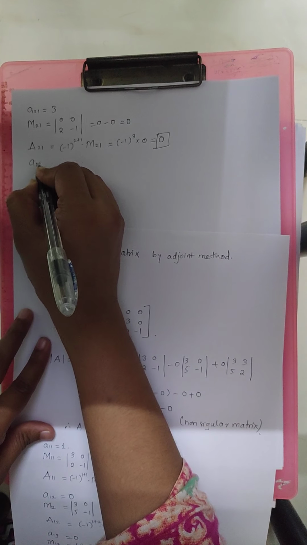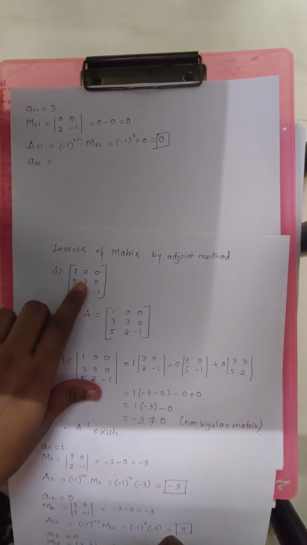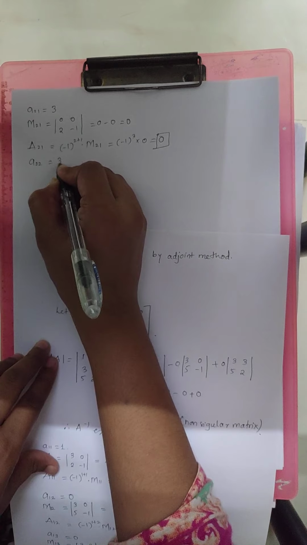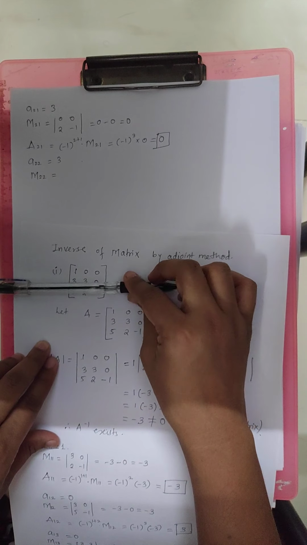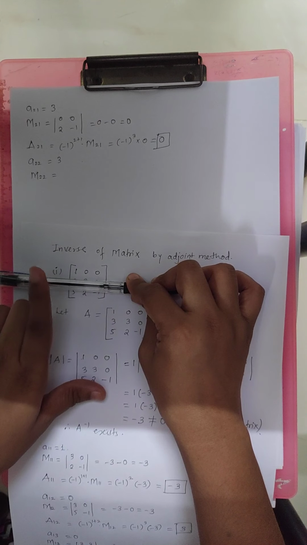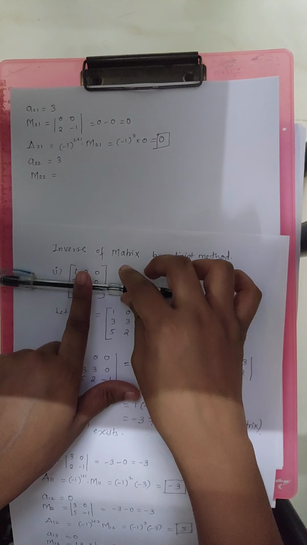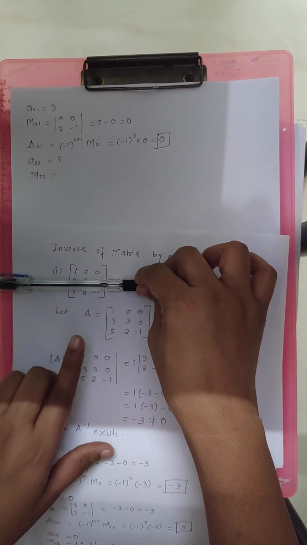Now A22. What is A22? This element is 3. The corresponding minor M22 is the determinant obtained by deleting the second row and second column. Second row, second column we have to delete.